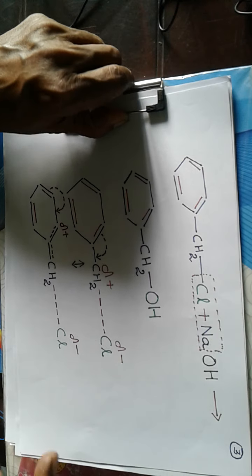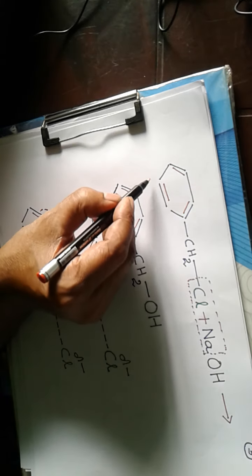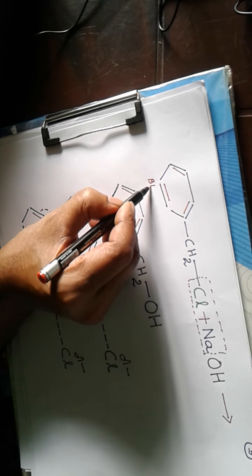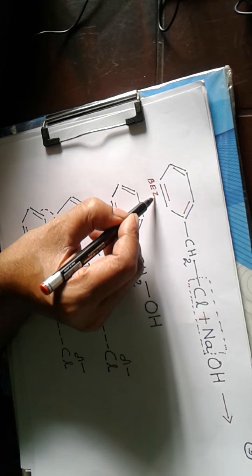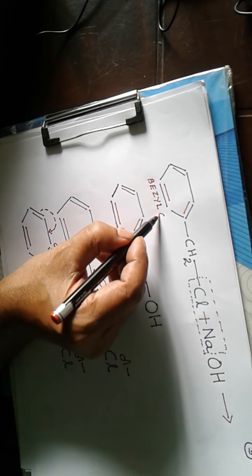Now consider the reaction of a molecule called benzyl chloride. Benzyl chloride is C6H5CH2Cl.